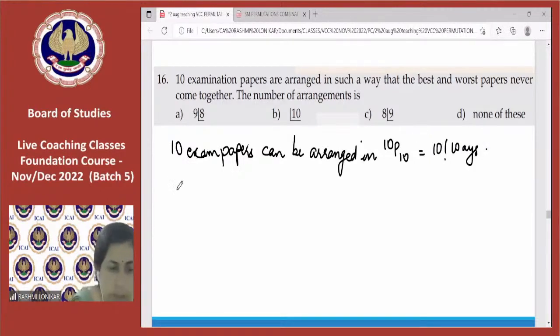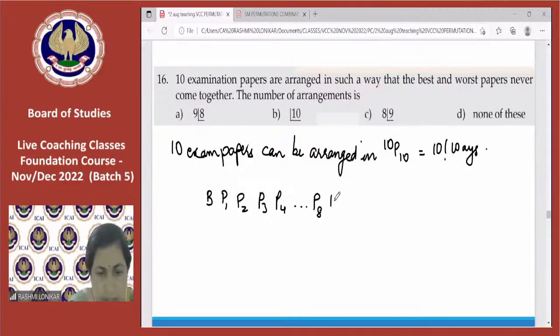Now what is happening is I have the best paper. One is the best paper. Then I have paper 1, paper 2, paper 3, paper 4, and up to paper 8. And then I have the worst paper. So I have 10 papers, P1 to P8 plus the best and the worst.